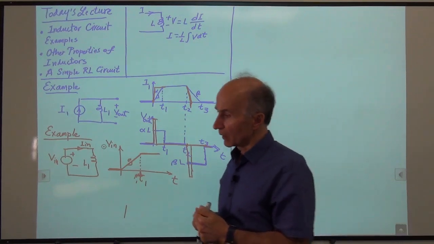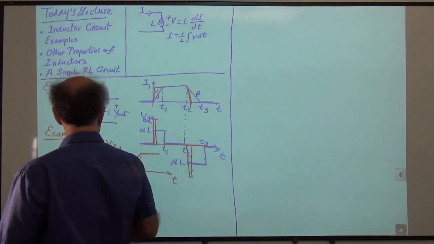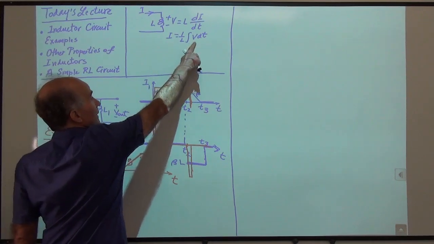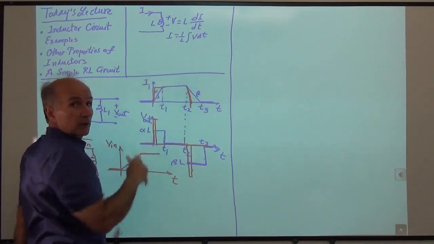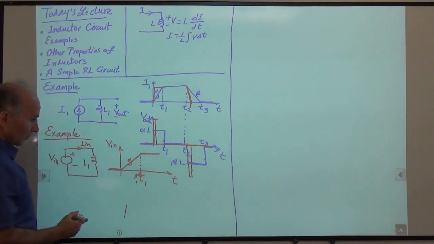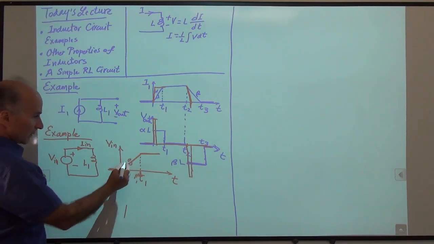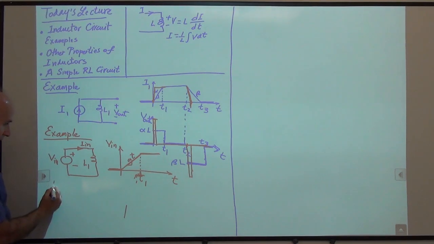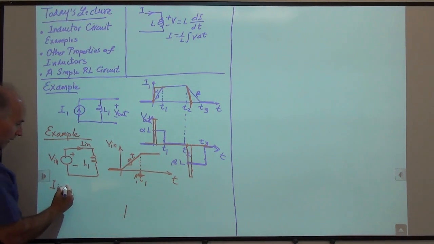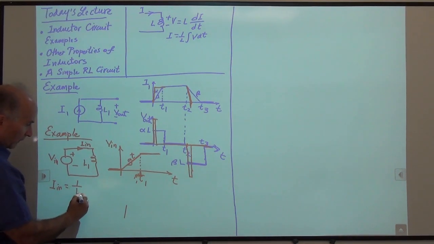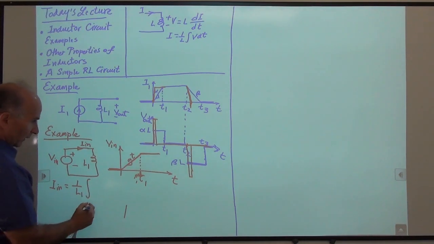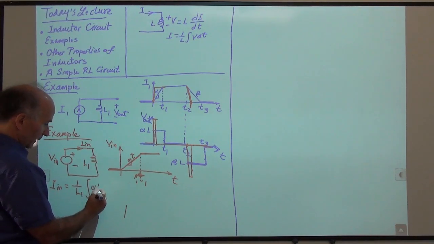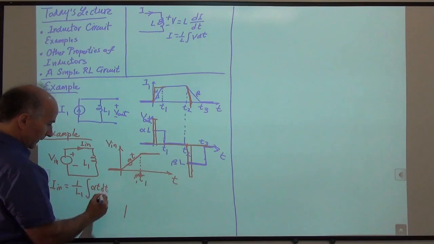Okay, so what we know is that the current, according to this equation, is the integral of the voltage and then divided by the inductance. So we have to integrate this. So let's say this is alpha t here. So we say the current I in is 1 over L1 integral of alpha t dt.